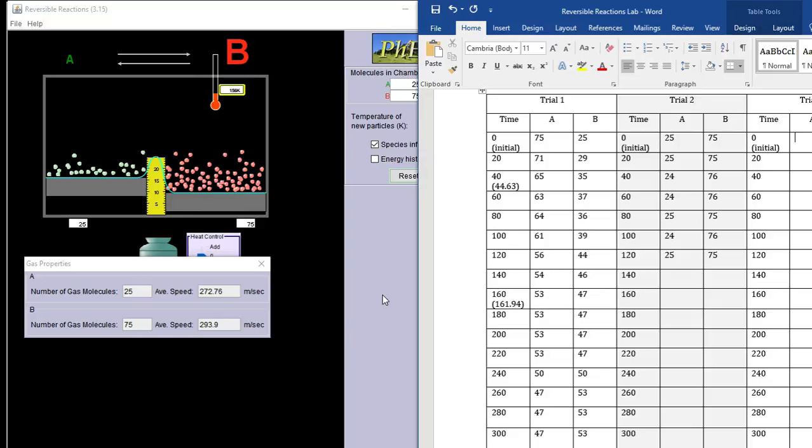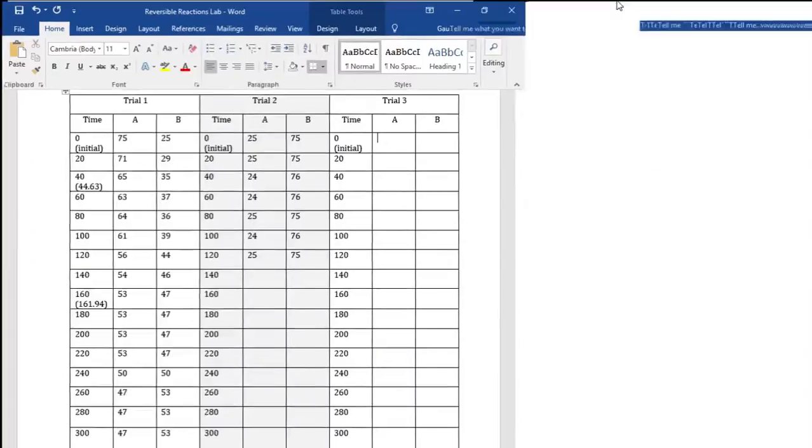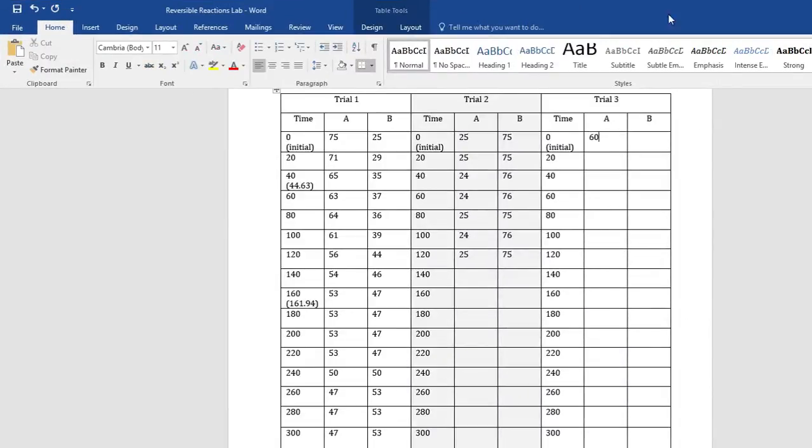This is a place where I think we could get a nice range to see what differences we get. So for this last one, I'm going to recommend a range of 60-40, and we'll go from there.